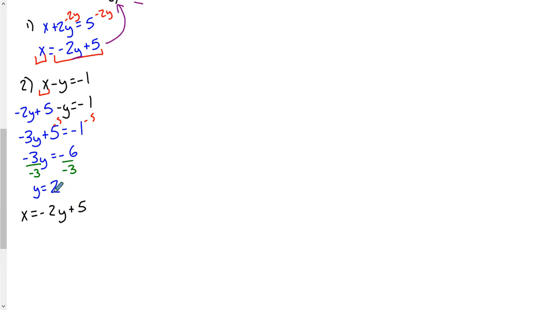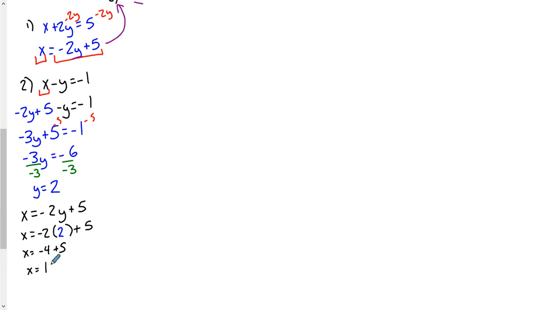If my y equals 2, I can substitute that one in for my y. And then quickly solve. I know that negative 2 times 2 is negative 4. Add 5, and x equals 1.